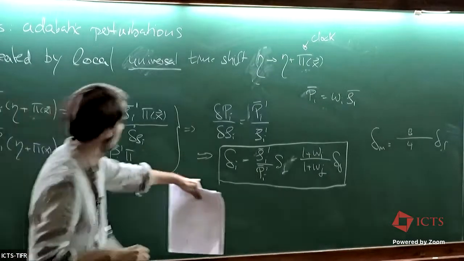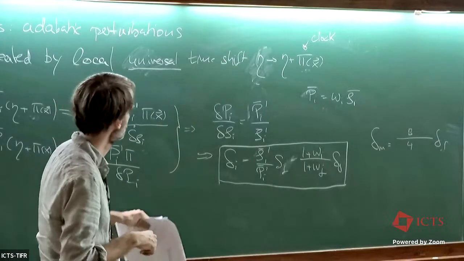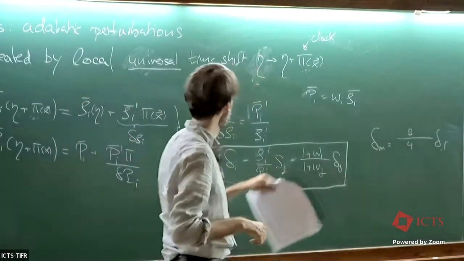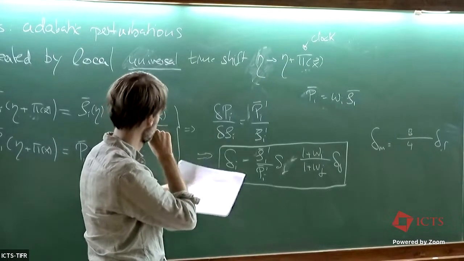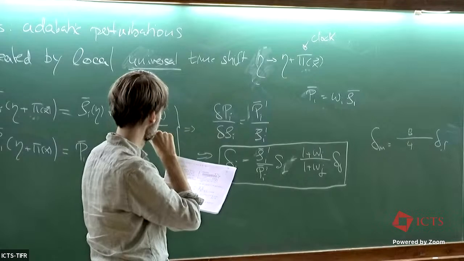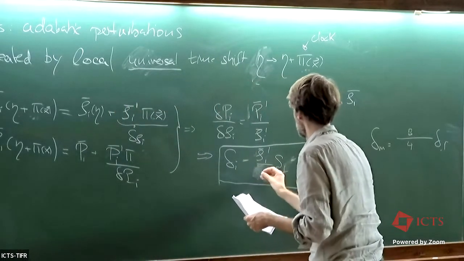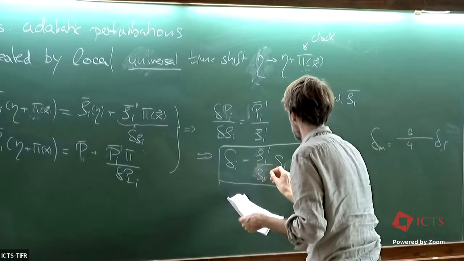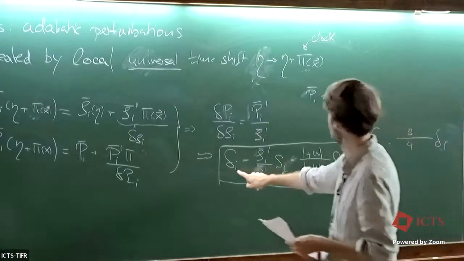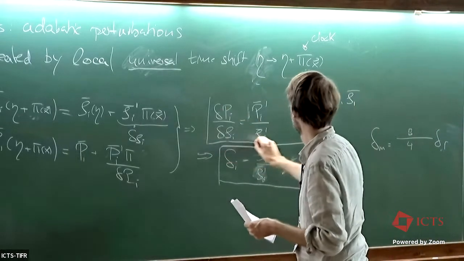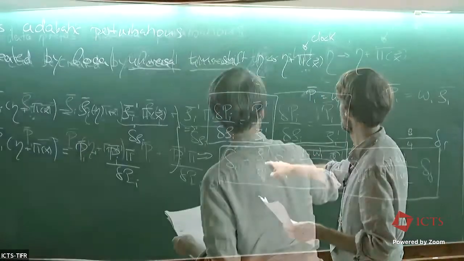So of course I use again the definition that delta is delta rho divided by rho bar. I use that relation, and then this is rho_j primed. So actually for this one, sorry, I mean this is one condition, and this is the other condition.